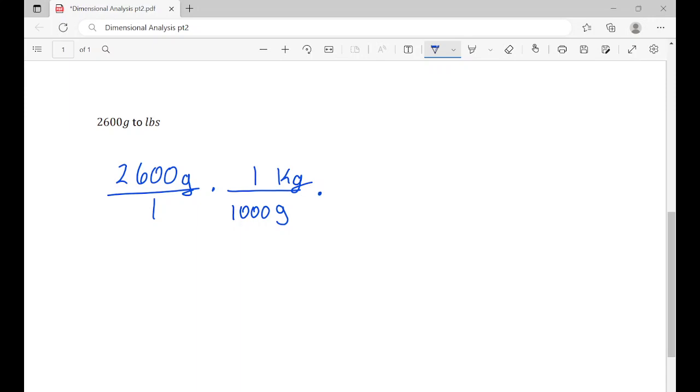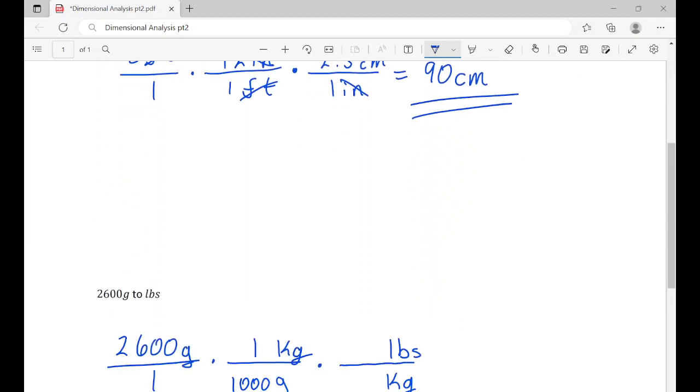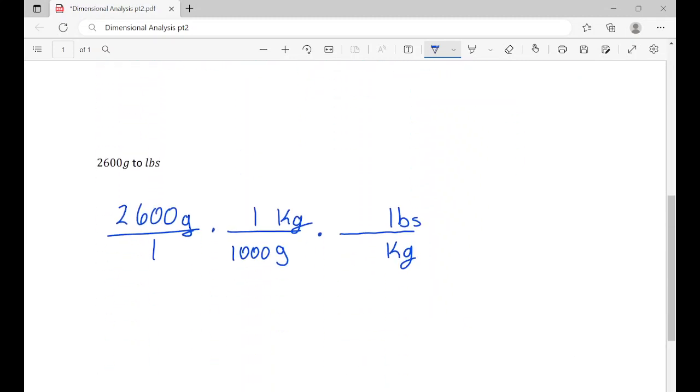I need to get rid of kilograms because I need pounds. So I'm going to have kilograms in the bottom and pounds up top. And the unit conversion for that is 1 kilogram is equal to 2.2 pounds.